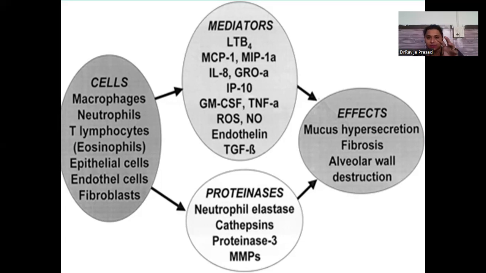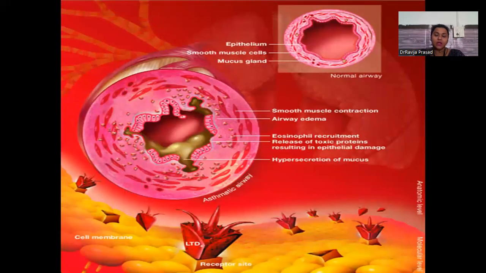These are the basic main mediators which act on macrophages, neutrophils, T lymphocytes, epithelial cells, endothelial cells, fibroblasts, neutrophil elastase, cathepsins, and MMPs. They all together give the effects of mucus hypersecretion, fibrosis, alveolar wall destruction.